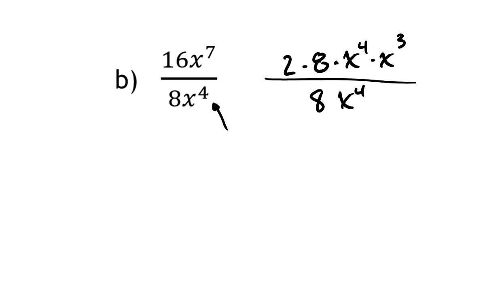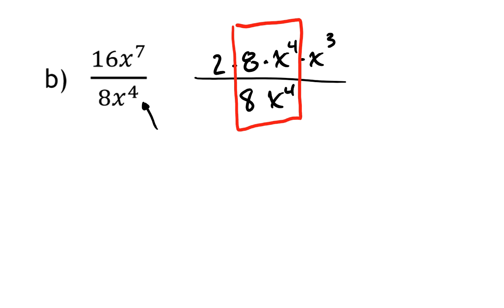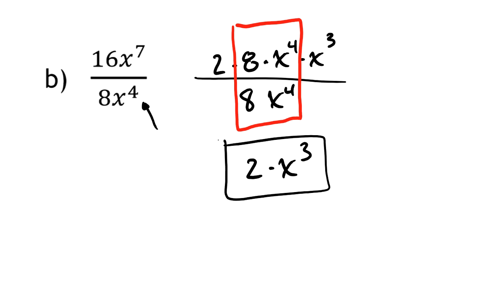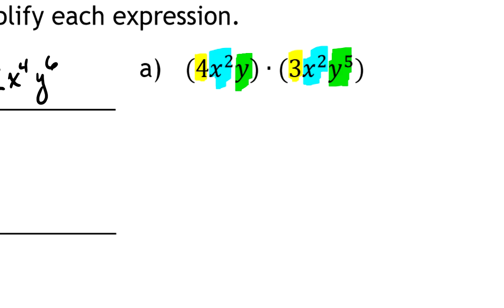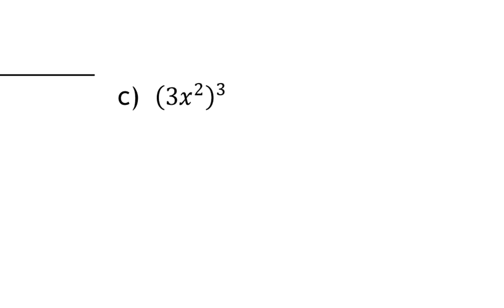And you can see it, right? This turns out to be nothing more than the number 1. So living in my denominator, the only value I have left is that 1. And in my numerator, I've got 2 times x to the third power. So the answer for B is 2x to the third power, and I'll write that over here, 2x to the third. Let's look at part C.